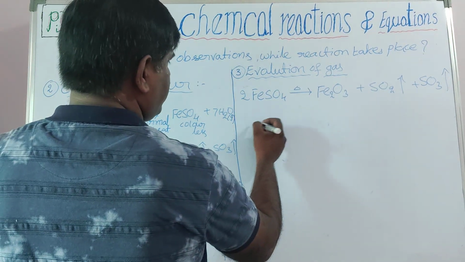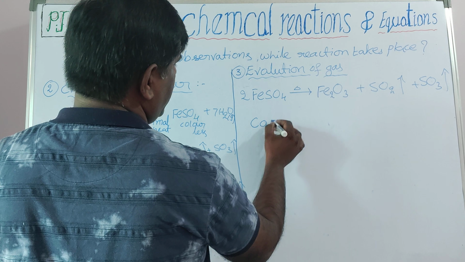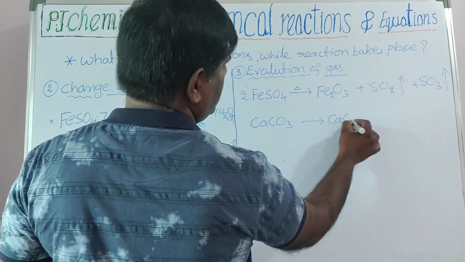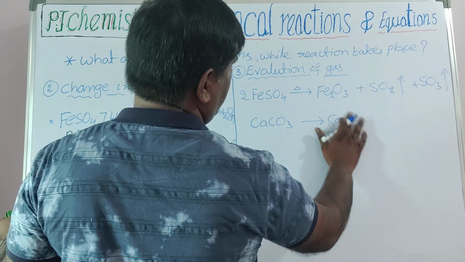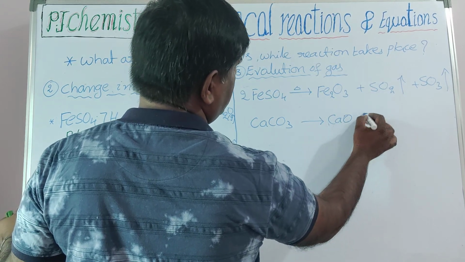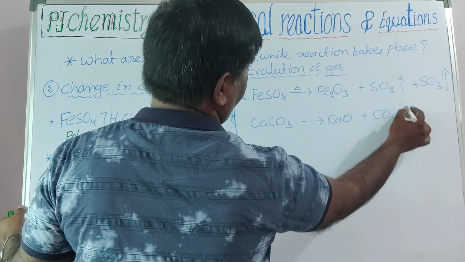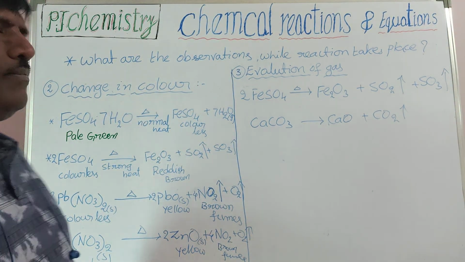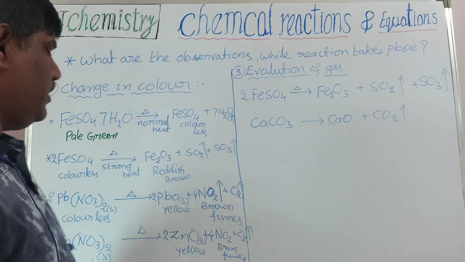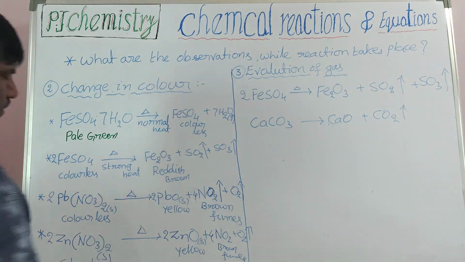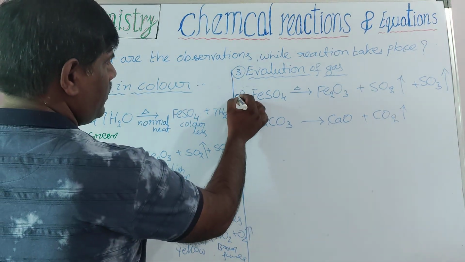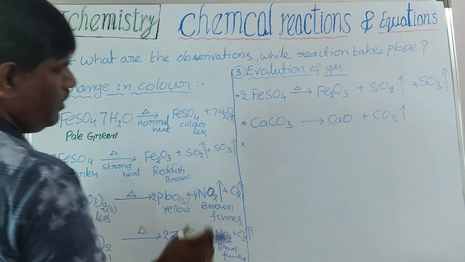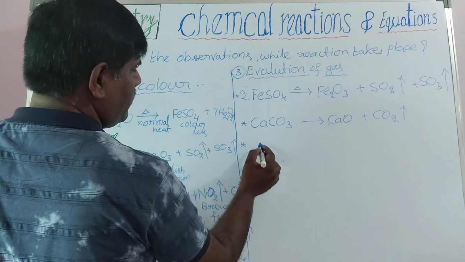Next, calcium carbonate, CaCO3, you can also take: CaO plus CO2, carbon dioxide released, a colorless gas. Like that, when nitrogen dioxide liberates, what color do we observe? Brown fumes.